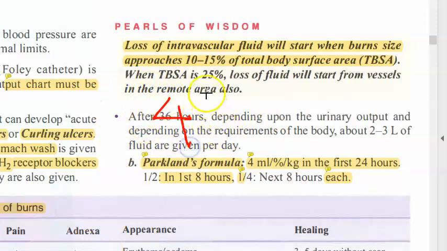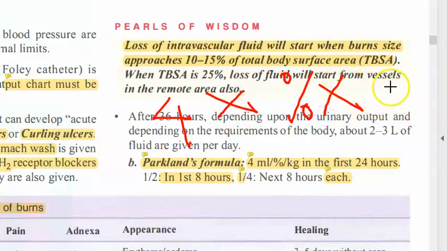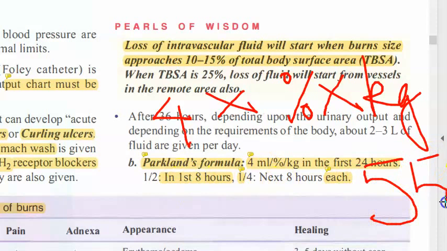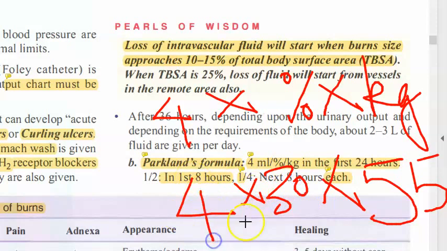So 4 ml into the percentage of burns, that is the BSA you calculated, into the number of kgs of that person. Let us say a 55 kg person has around 30% burns. So how much should you give? 4 3s are 12.